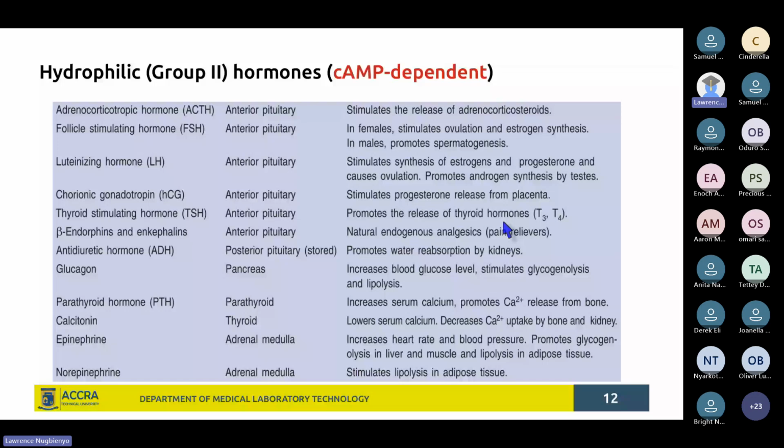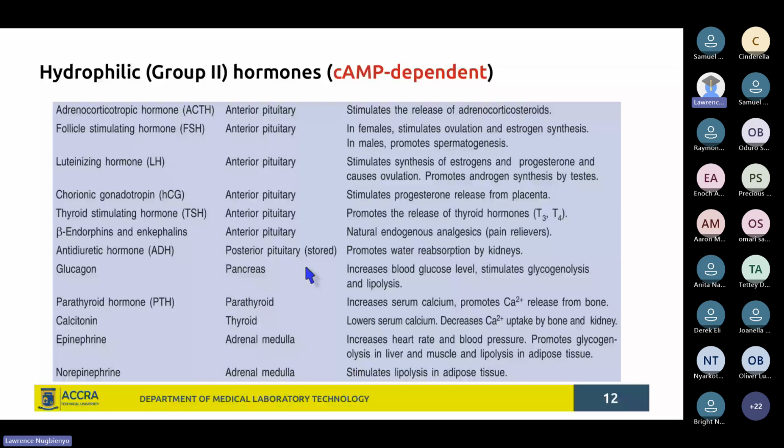You have the antidiuretic hormone, which is secreted by the posterior pituitary, and this promotes water balance. So absorption, reabsorption of water in the kidneys during filtration, urine formation. You have the antidiuretic hormone responsible for water retention there.